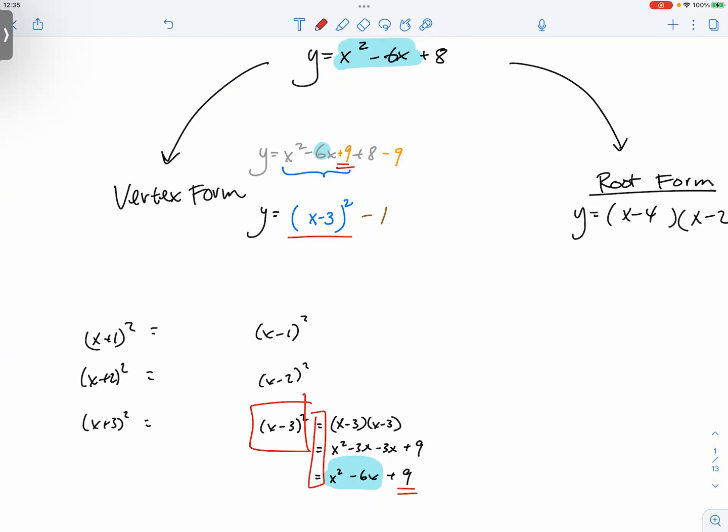Do you understand that we are trying to create a perfect square so that we have a vertex form? You have to understand the intention behind the addition of 9 right here, which is to allow us to replace x squared minus 6x plus 9 with (x minus 3) squared.